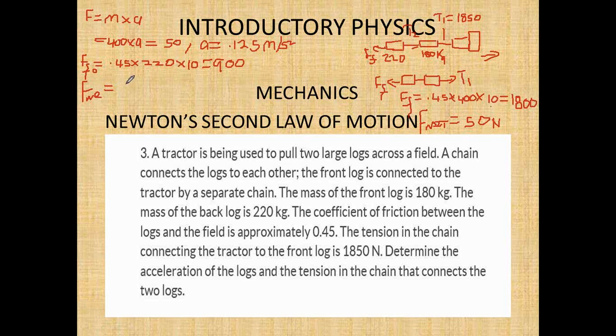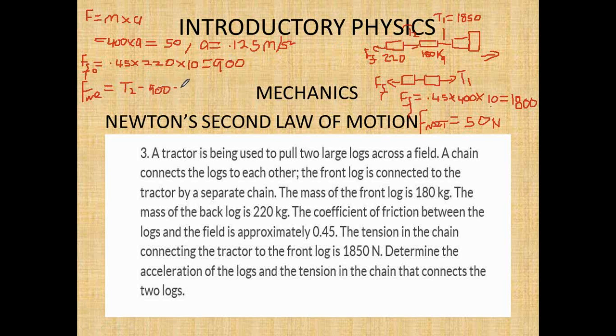So it is tension T2 minus the force of friction going to the left, and we know that the force of friction is 900. So T2 minus 900, that is equal to the net force acting on the backlog.